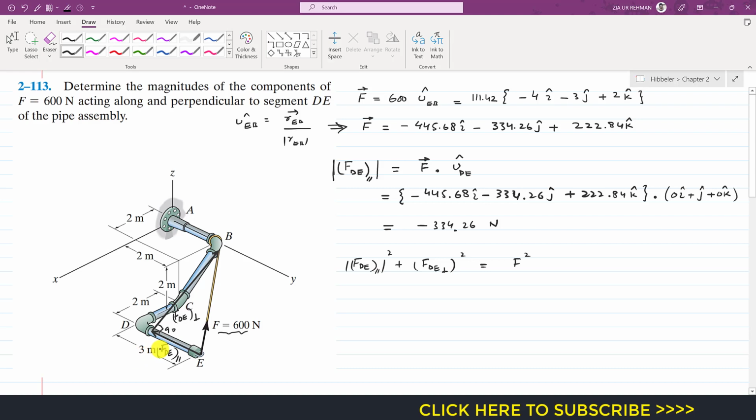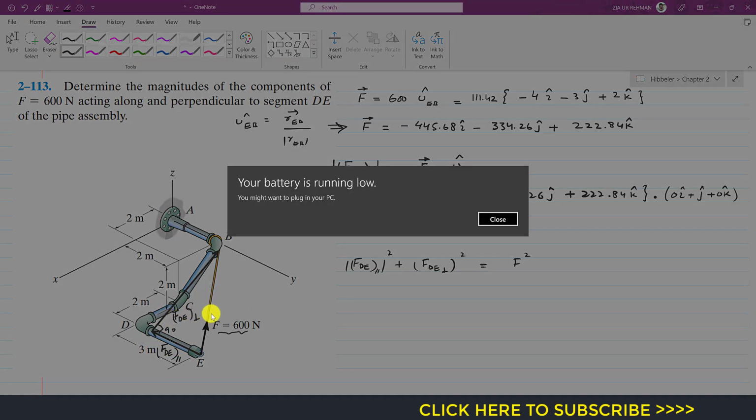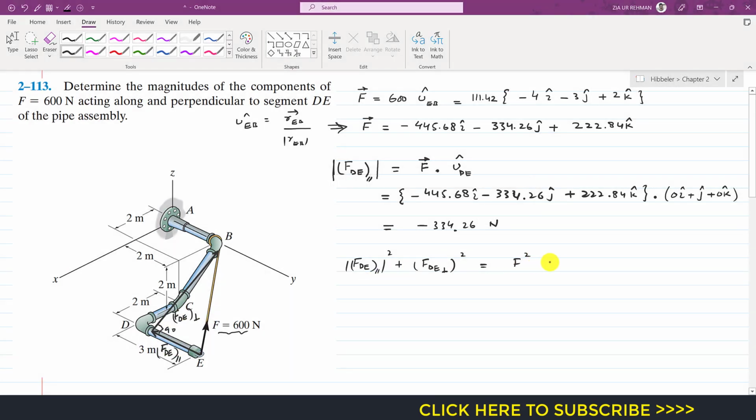This is by the head to tail rule: the addition of both gives us force F. We are interested in the perpendicular component, so its magnitude will be equal to the square root of F square minus the parallel component square.